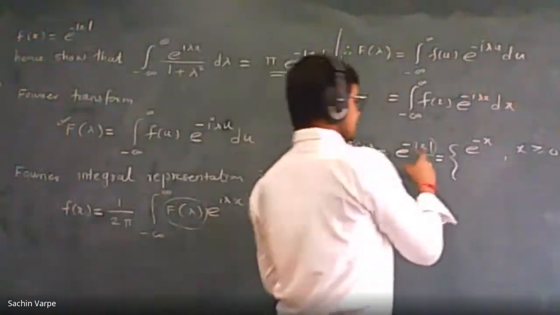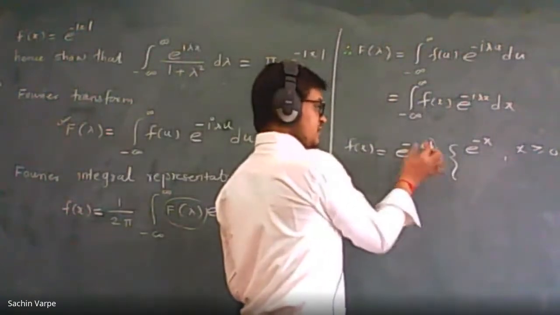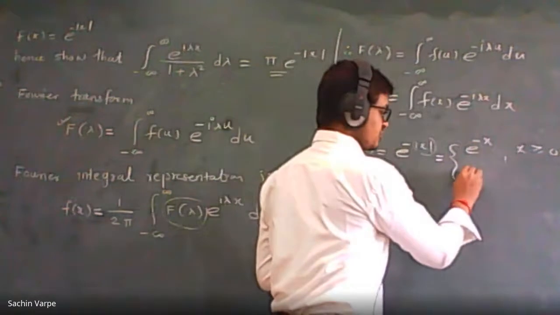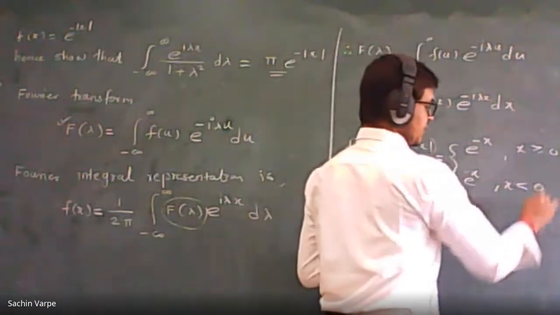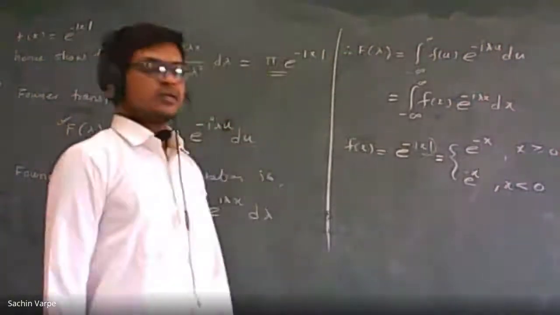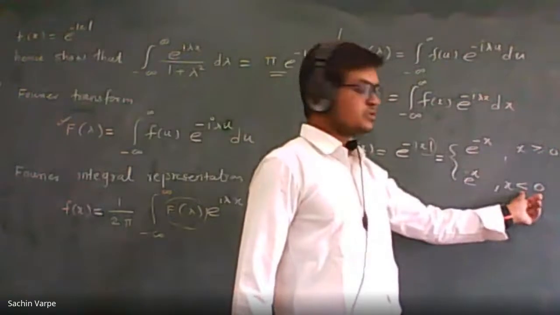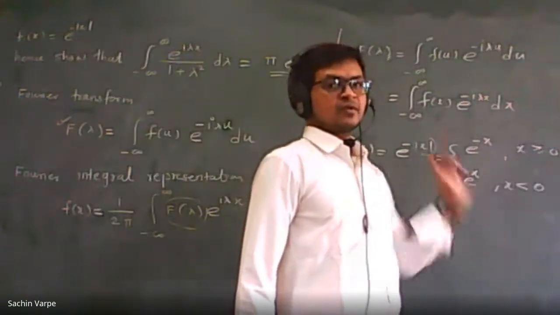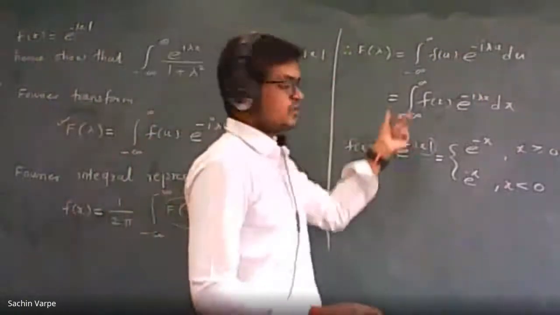And when x is negative, mod x is minus x, so minus of minus x, plus x. Please try to get the definition. Plus x when x is negative. Now here you can see that I have included 0 here and I have excluded 0 from here. All right. So this is the definition of the given function actually.